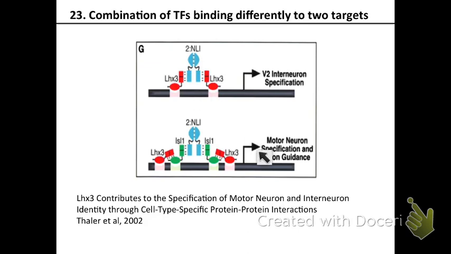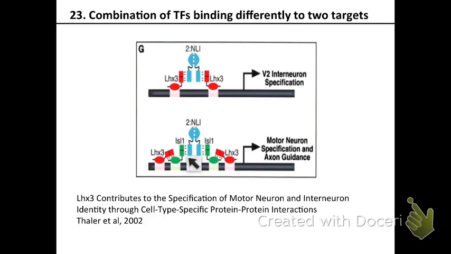The genes that are going to be expressed in motor neurons are also regulated by LHX3, okay? So they're regulated by the same transcription factor, but in this case, the location of the LHX3 binding sites is going to be different from the V2 interneuron sites in that they're going to be more far apart.